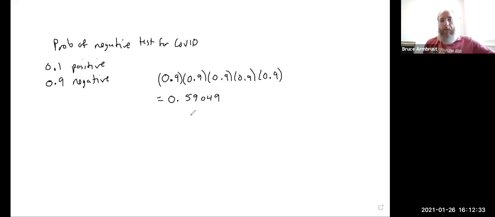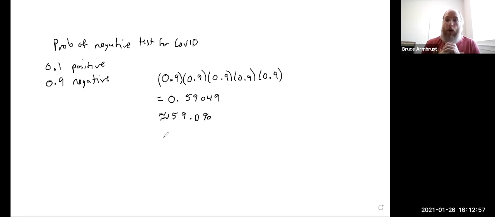So this ends up being 0.59049, or around 59.0%. And I am going to put that 0 there just to show where I rounded. I rounded to the nearest tenth, actually, instead of the nearest whole.